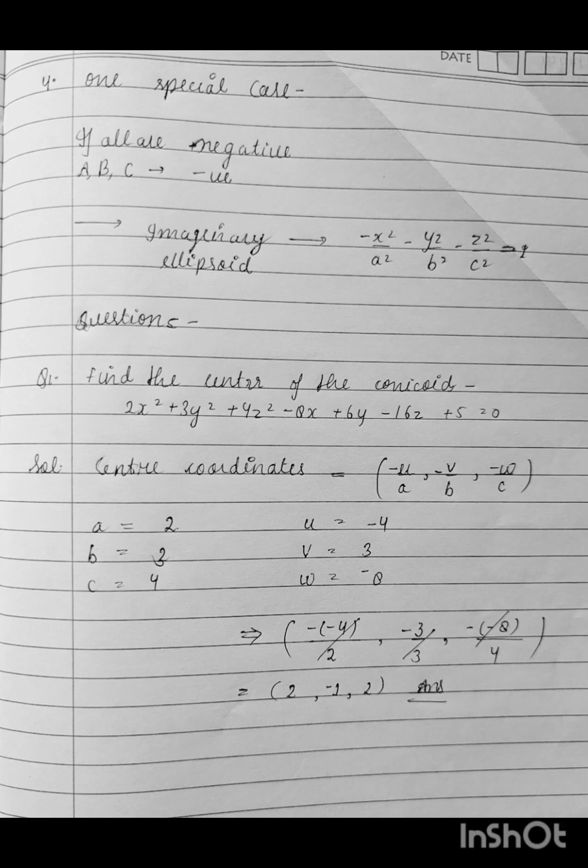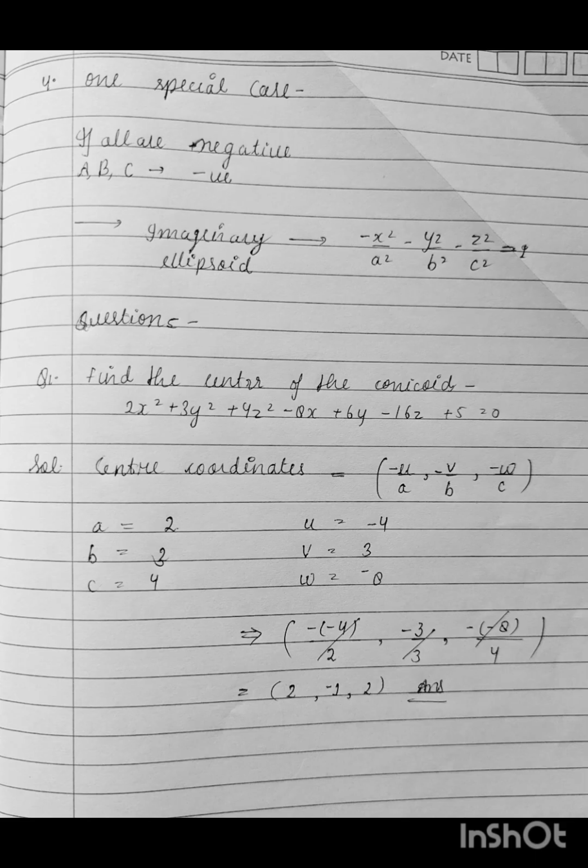We find these values by comparing the equation with the general equation of the central conicoid, that is ax square plus by square plus cz square plus 2ux plus 2vy plus 2wz plus d is equal to 0.